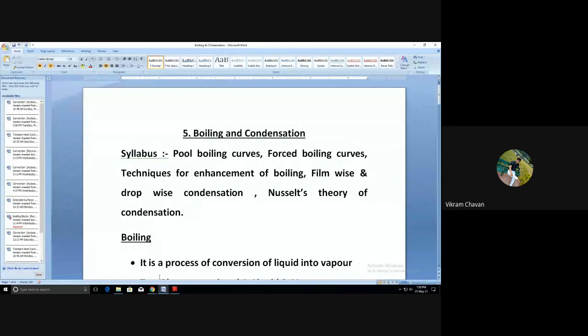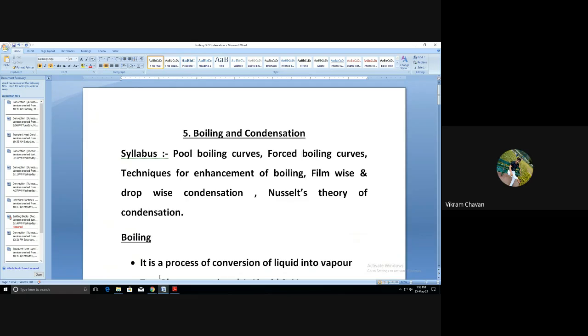Syllabus under this particular chapter is pool boiling curves, forced boiling curves, then techniques for enhancement of boiling, film wise and drop wise condensation, Nusselt's theory of condensation.